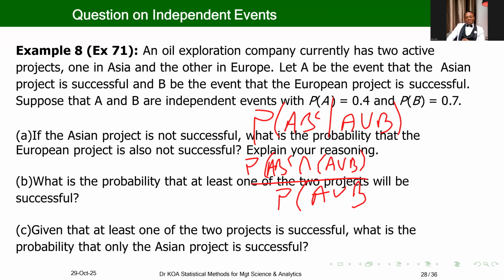So the numerator can be the probability of A, B complement. Check it, because everything in the intersection of A union B is the AB complement. You don't need the intersection because we already captured it.